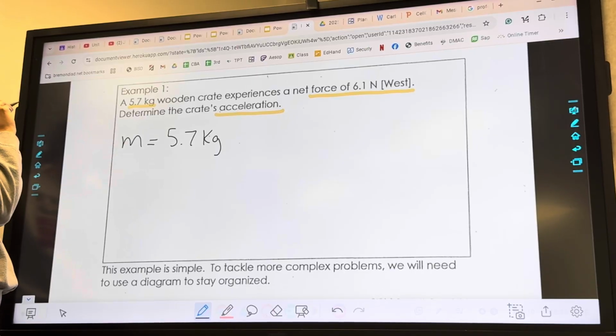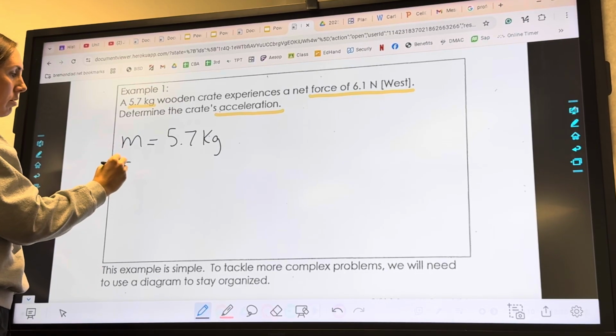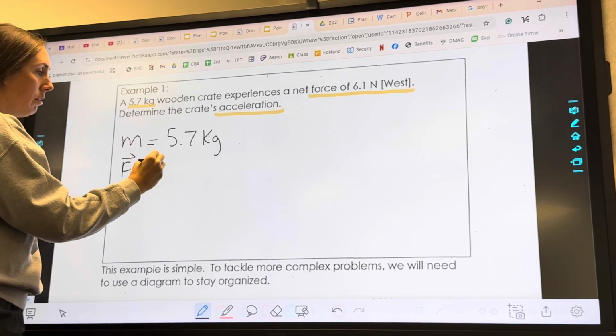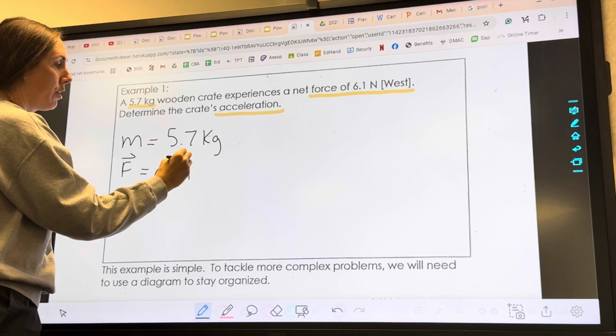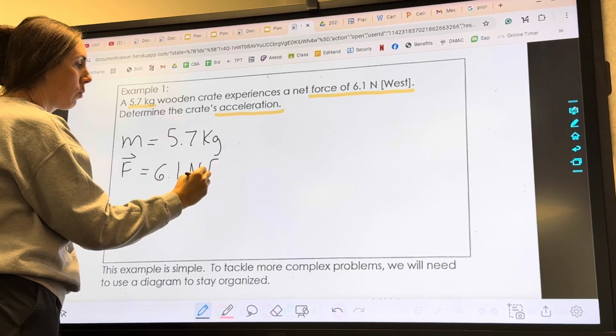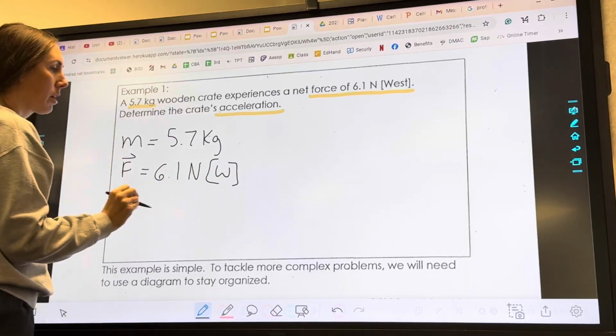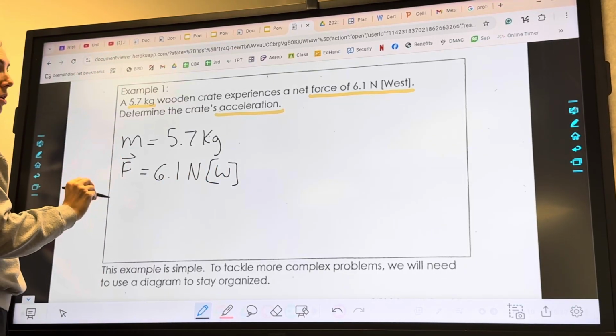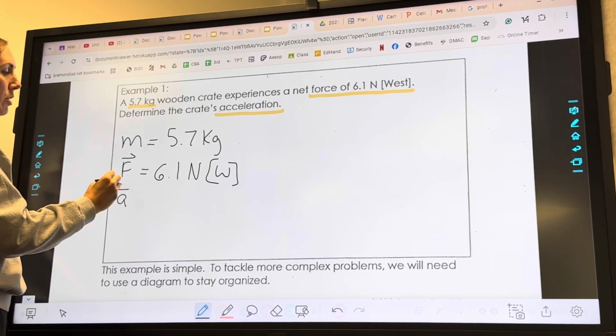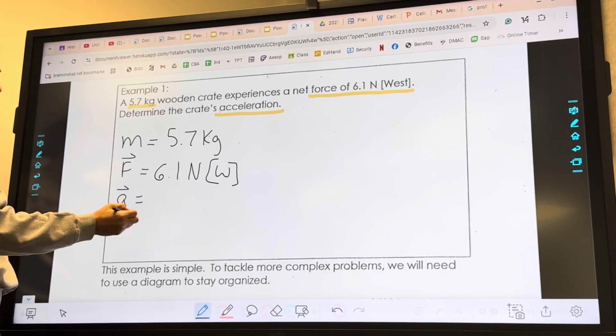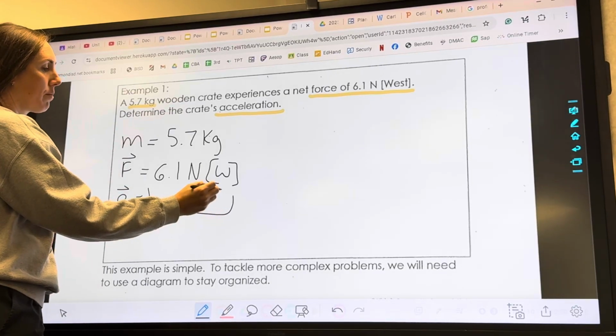Okay. They gave us a force of 6.1 newtons west. And they said acceleration. We do not know. They left it blank. So this is what we have to solve for.